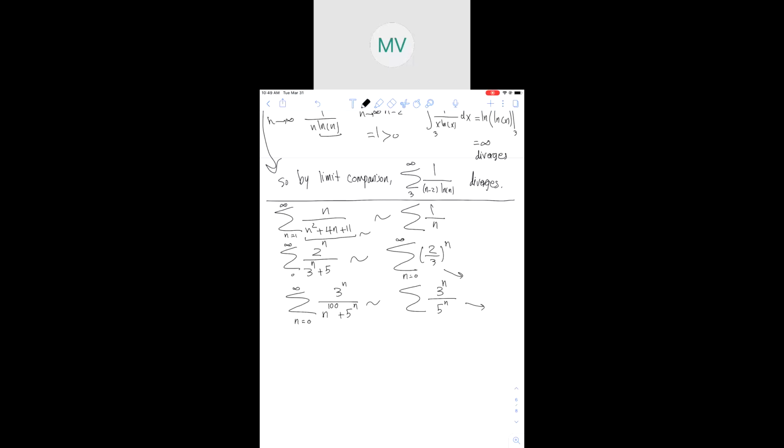So this is not something that's taught, not teachable, but knowing the behavior of all those functions that we talked about, natural log, power, exponential, factorial, and so on, you can compare them like that. Okay. Any questions?